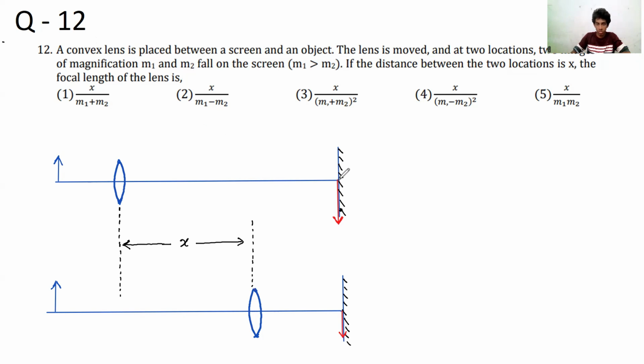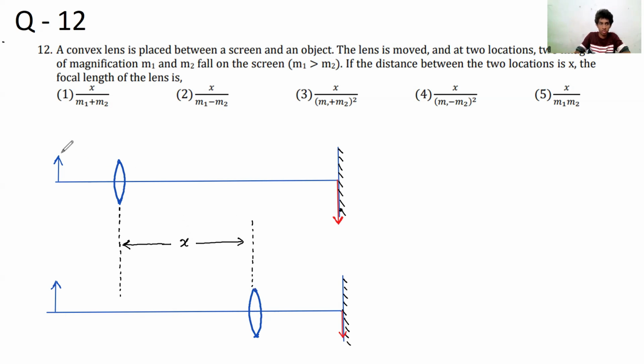So this is the first situation and this is the second situation. So here an image is formed on the screen, and while keeping the object and the screen at the same place, when we move the lens, we will obtain another image when the lens is at this location. So the distance between the two locations of the lens is x.